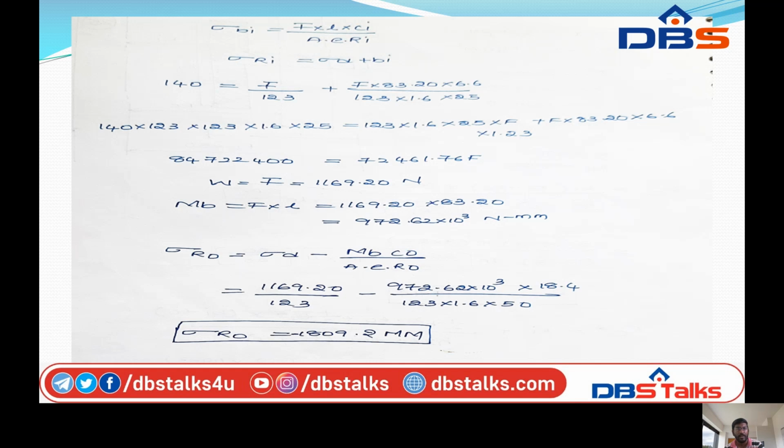sigma Ri equal to 140, that equal to F by 123 plus F into 83.20 into 6.6 by 123 into 1.6 into 23. So we can calculate.